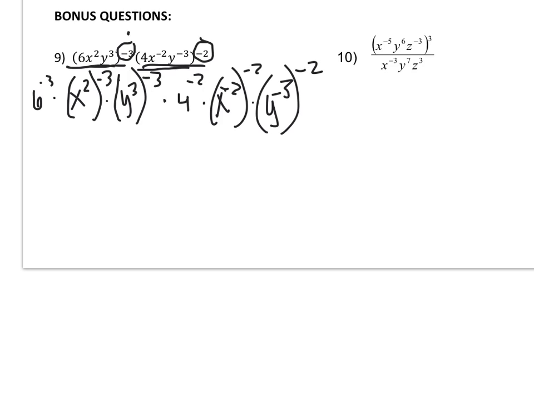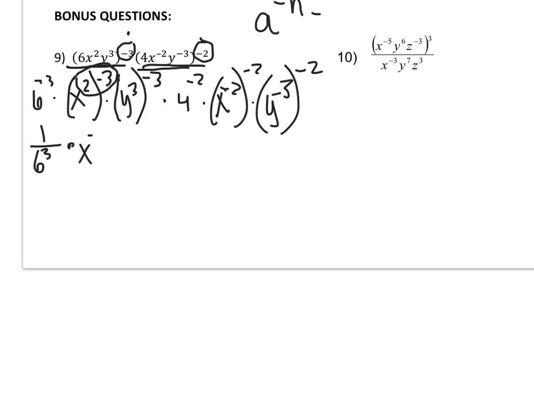Well, what does it mean, 6 to the negative 3 power? You remember the rule? Whenever we have a number to a negative power, it's the reciprocal. So 6 to the negative third is the same as 1 over 6 to the third power. When we have a power to a power, we can multiply these powers. 2 times negative 3 is negative 6.